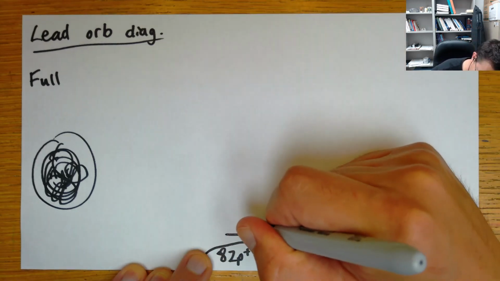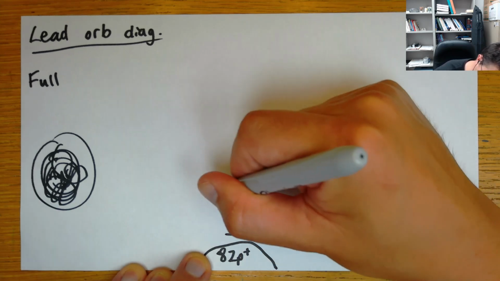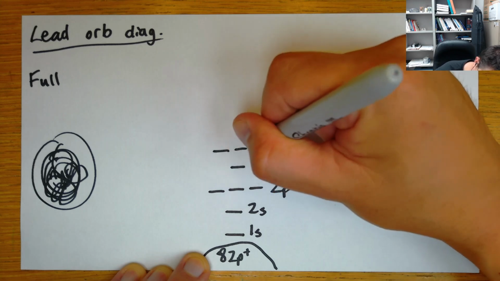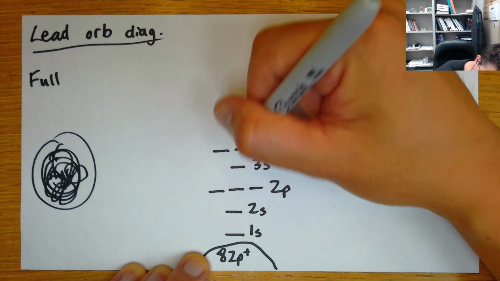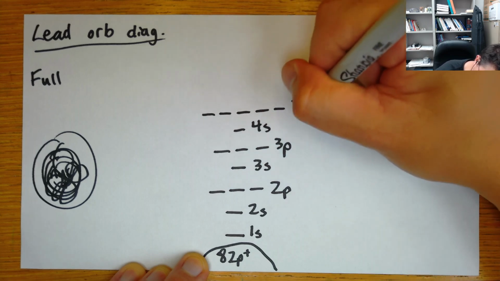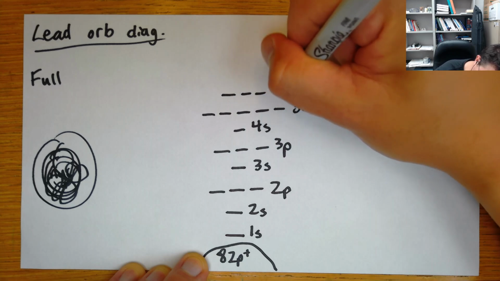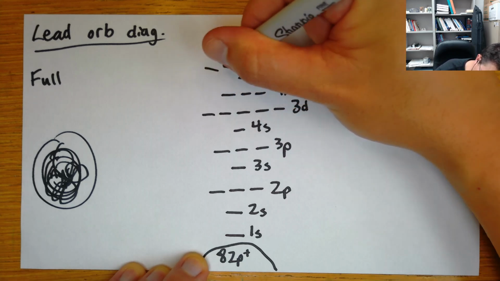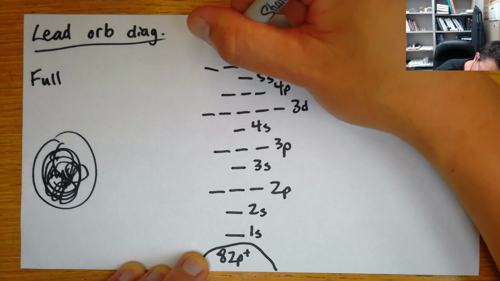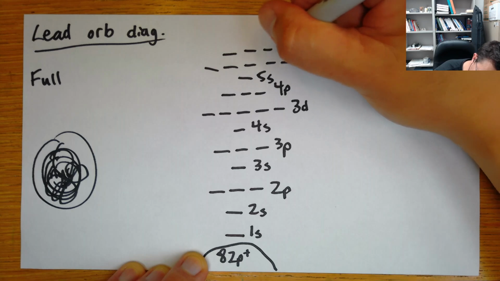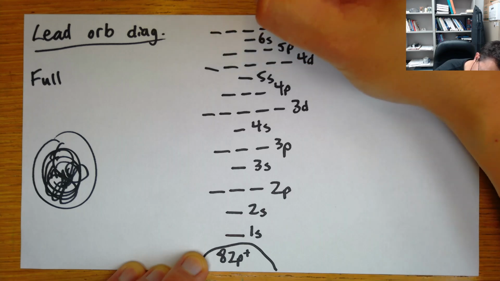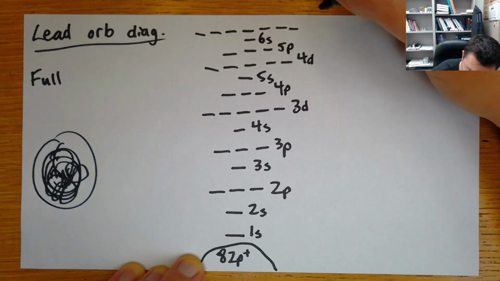So we have 1s, 2s, ran out of room, huh? All right.